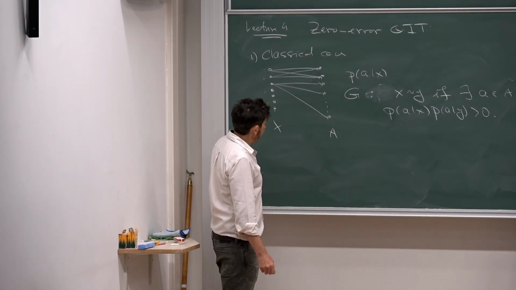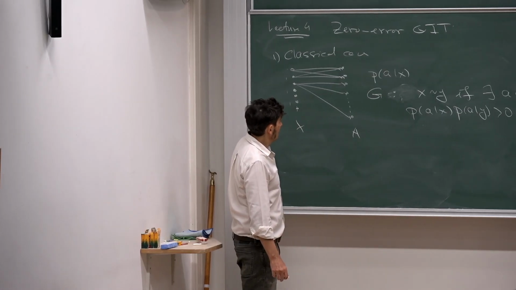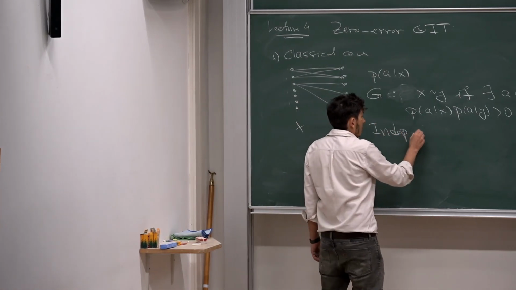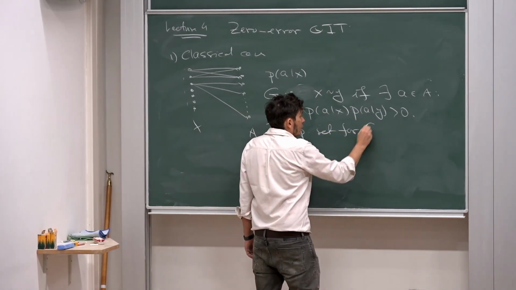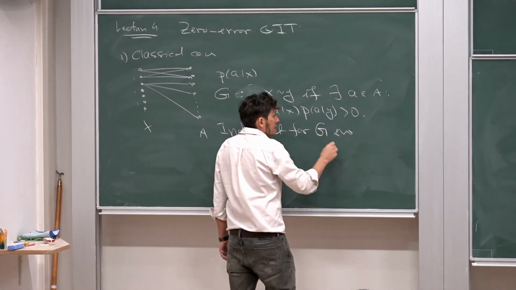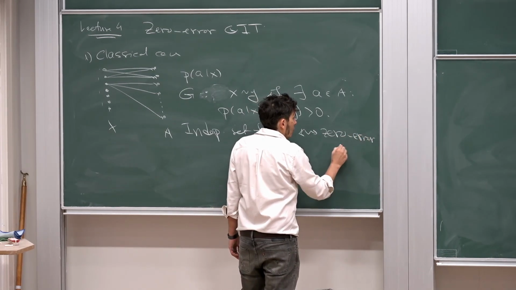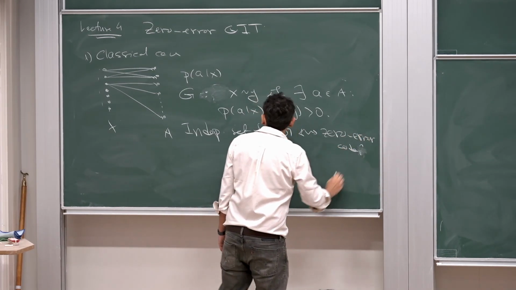Right, very well. So then the independent set for G is the same thing as a zero error code for the channel.